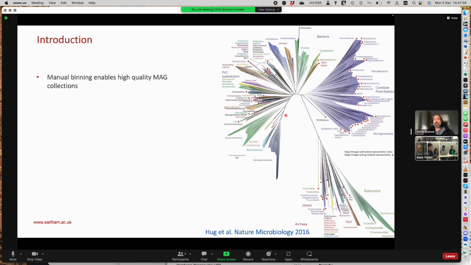This is quite an old tree now, from 2016, but in this tree they've used a combination of MAGs and reference genomes to attempt to reconstruct a tree of both prokaryotes and eukaryotes. And in terms of 2016, every red dot here corresponds to an entire phylum for which there were no cultured representatives at that point. So there's huge amounts of diversity that have been revealed by metagenome binning, and I'm going to talk to you about methods for automatic binning from metagenomes.